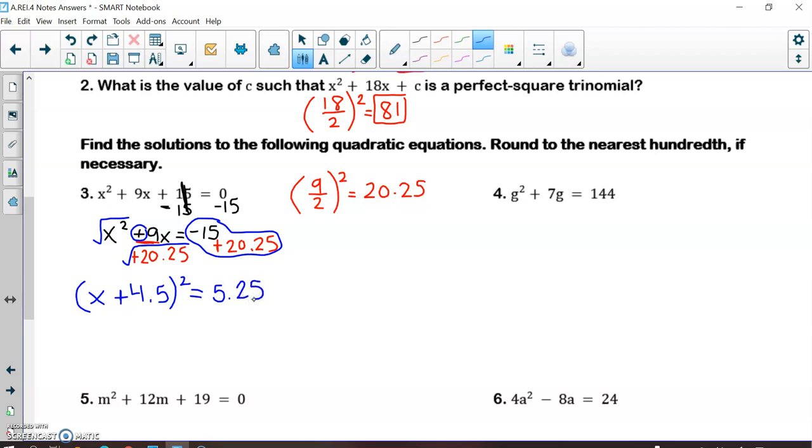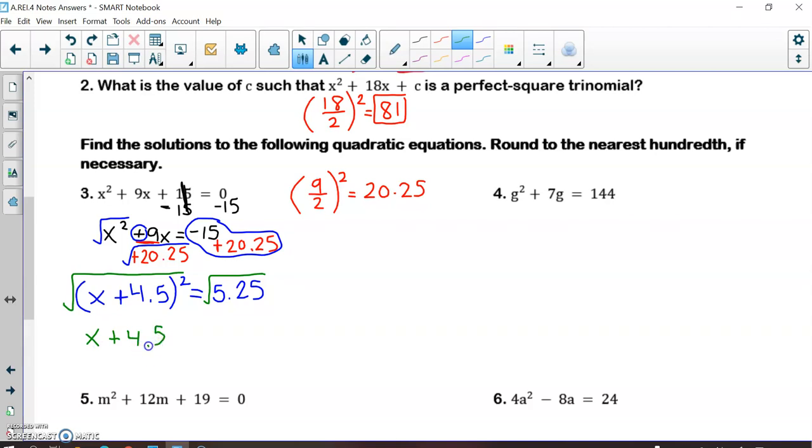From this step, we are now going to use the square root method, and we're going to take the square root of both sides. The square root of x plus 4.5 squared, all that does is it cancels out my squared, and I'm left with x plus 4.5.